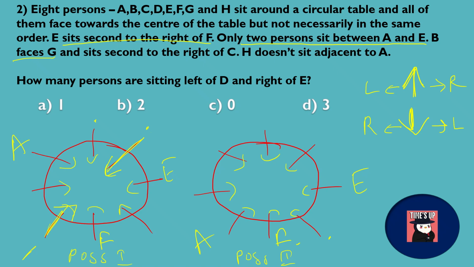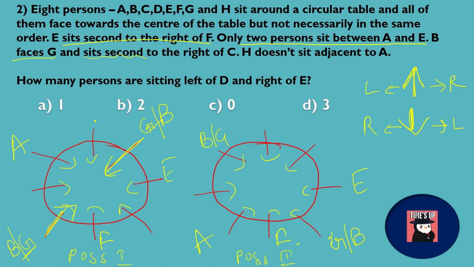Only those two places are vacant. But we don't know whether to place B or G here, G or B here. We know that B faces G. In the second possibility, we can place them here. Correct? Because arrows are facing towards each other.